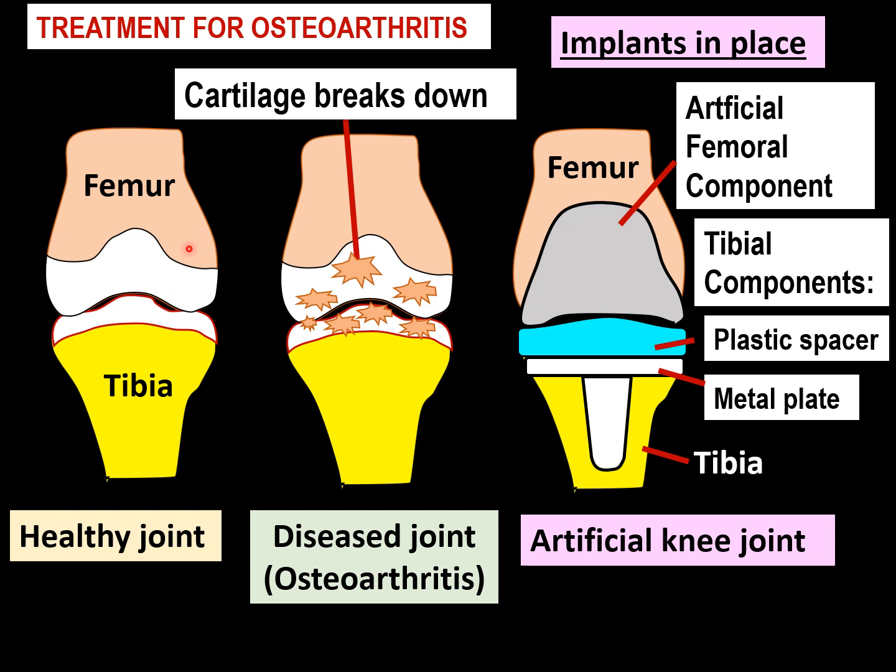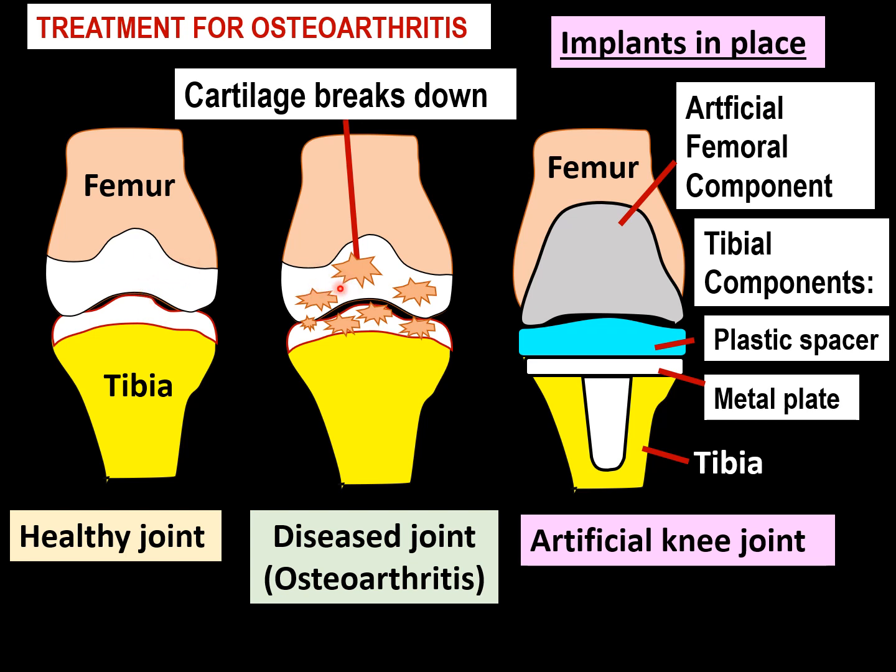Now the bone and cartilage tissue are actually living tissues. They're not dead. So with constant use, like walking up and down and so forth, the cartilage will wear away as the pieces of cartilage continue to rub against each other.